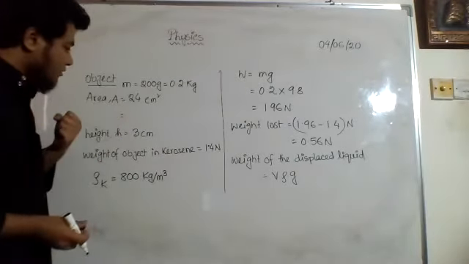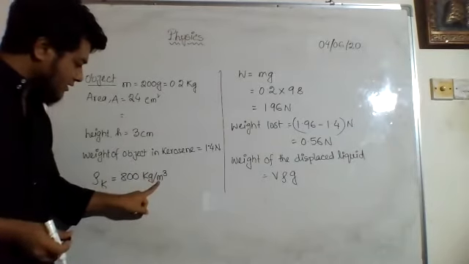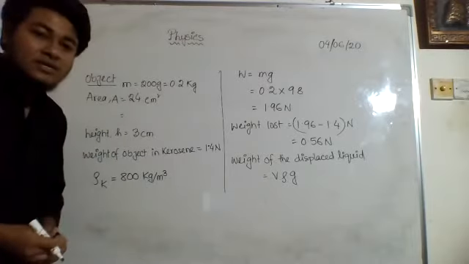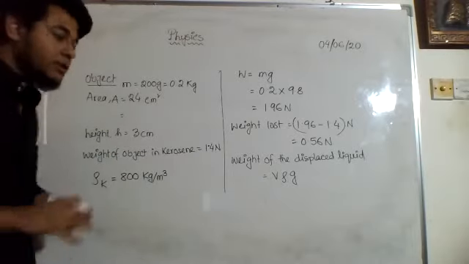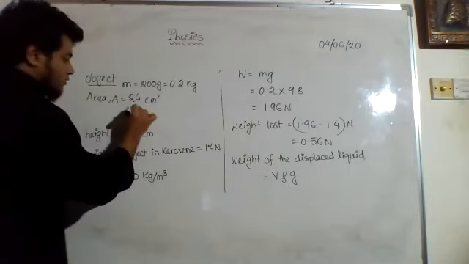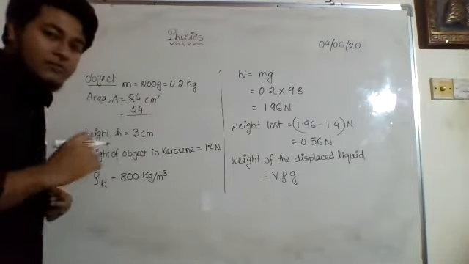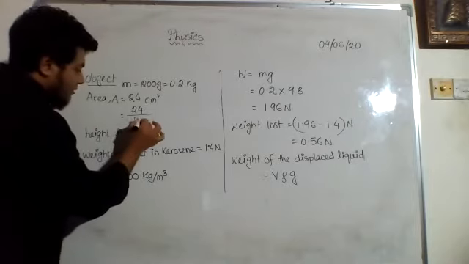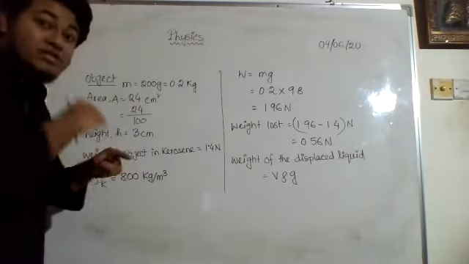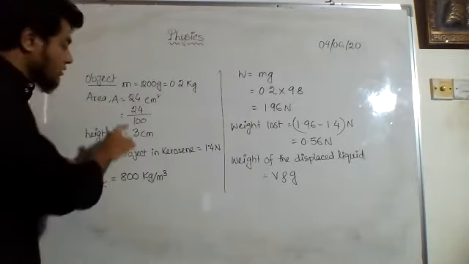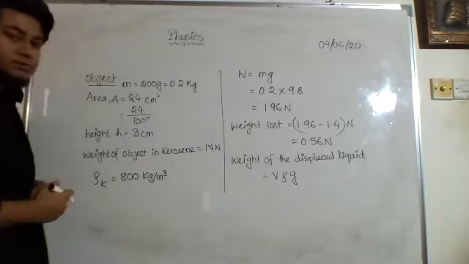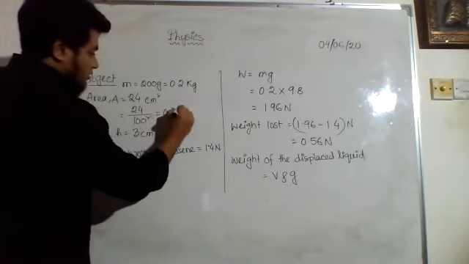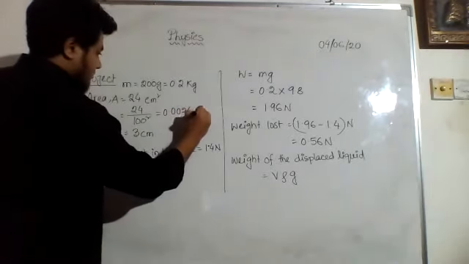Notice one thing: since my density is in kilogram per meter cubed, I have to convert the centimeters to meters. How do we do that? If we are converting from centimeter to meter, we divide by 100, right? But here we are converting from centimeter square to meter square, so we will divide by 100 square. This gives me 0.0024 meter square.